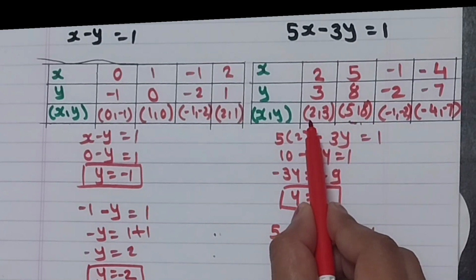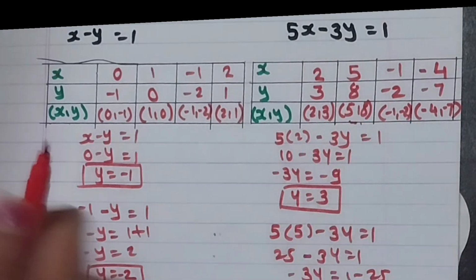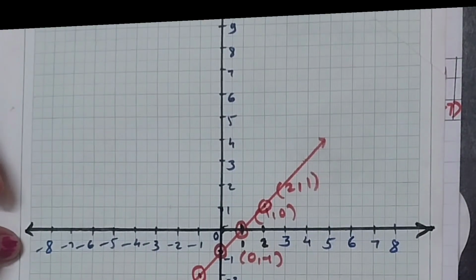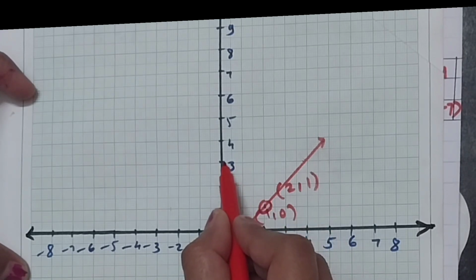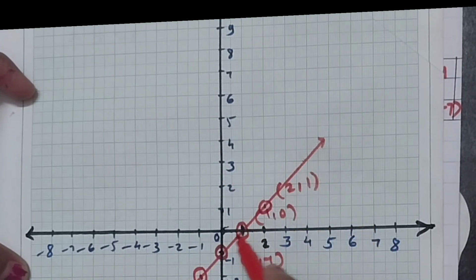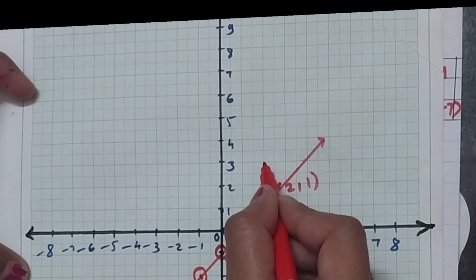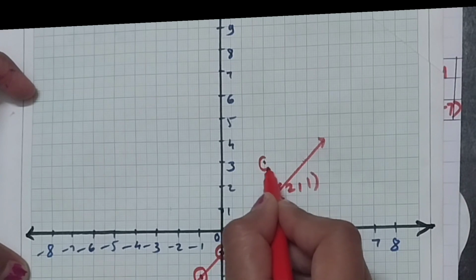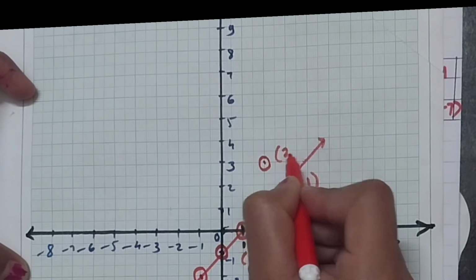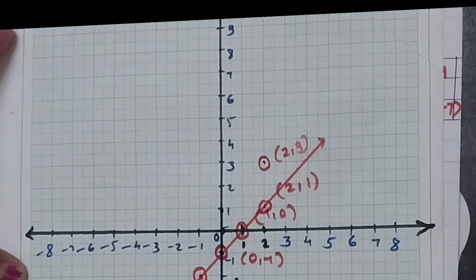The first point is 2 comma 3. X is 2 and y is 3. So this is the y axis and this is the x axis. X is 2, so 2 is here, and y is 3, so this is the point. So we write here 2 comma 3.